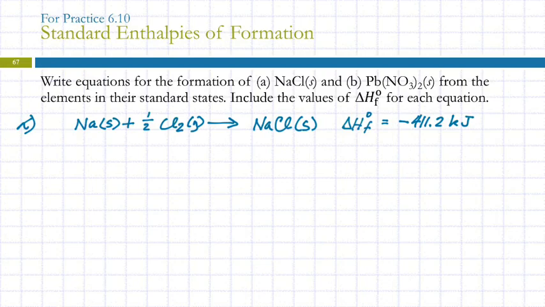The table says kilojoules per mole, and it would not be incorrect to put per mole here. This is 1 mole, so whether you write that or not, it is that many kilojoules for 1 mole. Any questions?